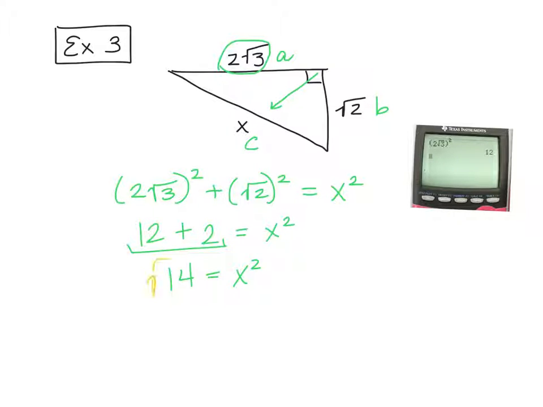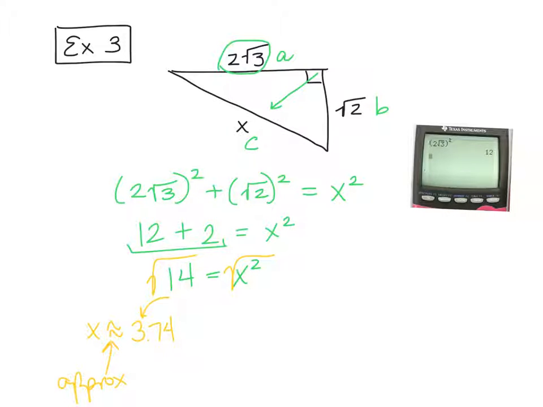Then we just need to take the square root. This time I want to show you, if you use your calculator to take the square root, you're going to get x is approximately, and don't forget to take a note that this stands for approximately, which means about but not exact, okay? So x is approximately 3.74.